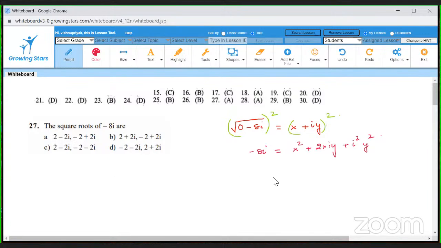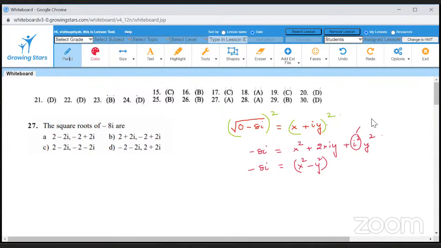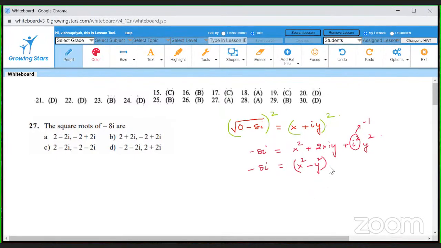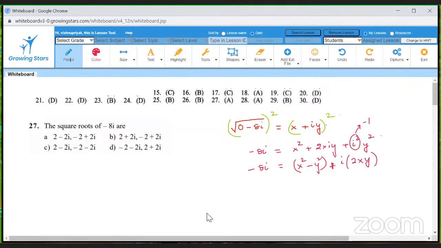That is the a plus b whole square formula. Minus 8i is x square minus y square, because i square I have written as minus 1. So x square minus y square is the real part, and then I have i into 2xy. This is the imaginary part.